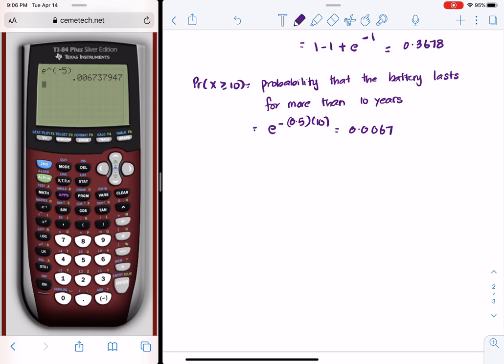And you can see the probability is decreasing. So naturally, this would be a very, very small probability.